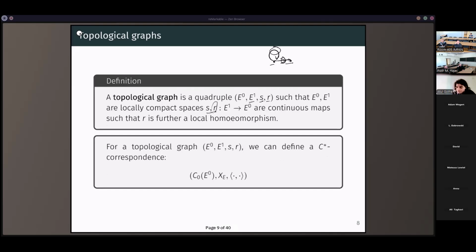So once we have a topological graph, we can construct a C-star correspondence for this. We consider C0(E0), the functions which vanish at infinity on E0, a space X_E, which we shall come to, and an inner product on this module.